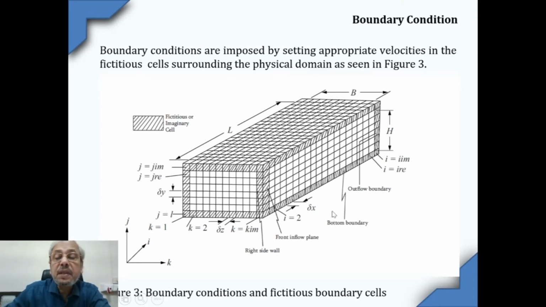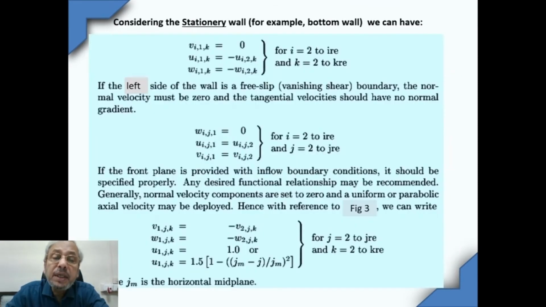But imaginary cells are very important because they participate in computation to set up the correct boundary conditions at the confining walls. Because many a times for staggered grid, you will not get velocity components directly defined on the planes of interest. And an immediate example is a stationary bottom wall.